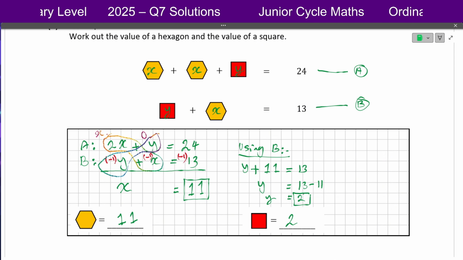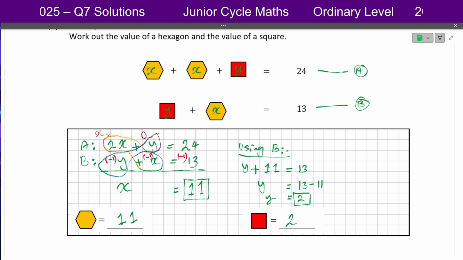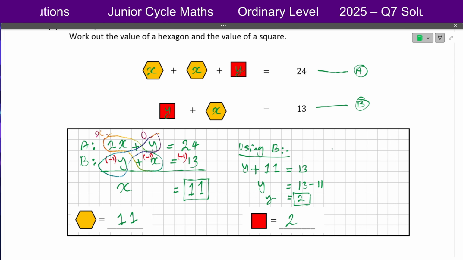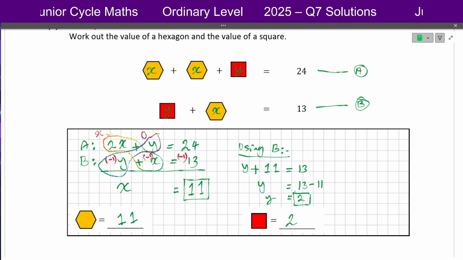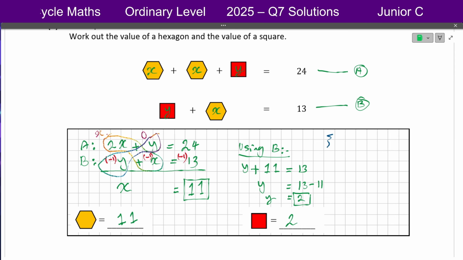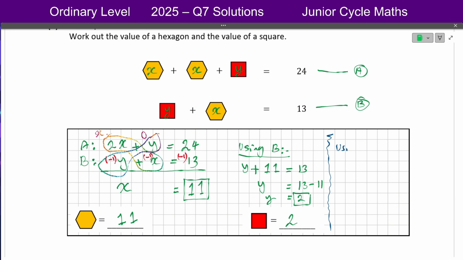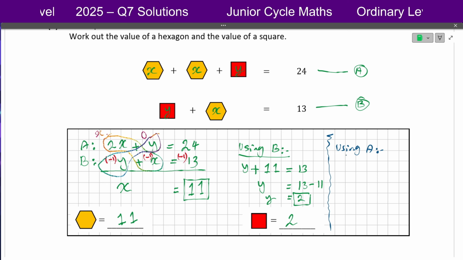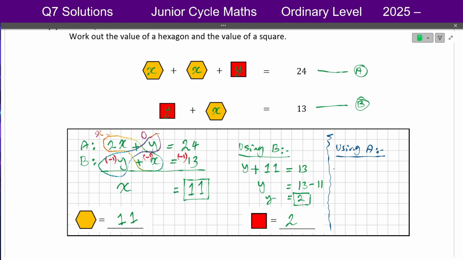And also, to compute y, we can use the first equation, which is a. That should give me the same answer, right? Using a here, we have x plus y.